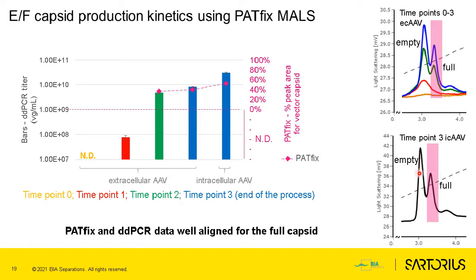At some point, actually, the empties and the full would not grow anymore. We check then at the end also by lysis of the cells if the ratio is similar in the cell as it is in the supernatant, which basically confirms it is. So we can conclude that the ratio of empty and full would be represented by the supernatant.